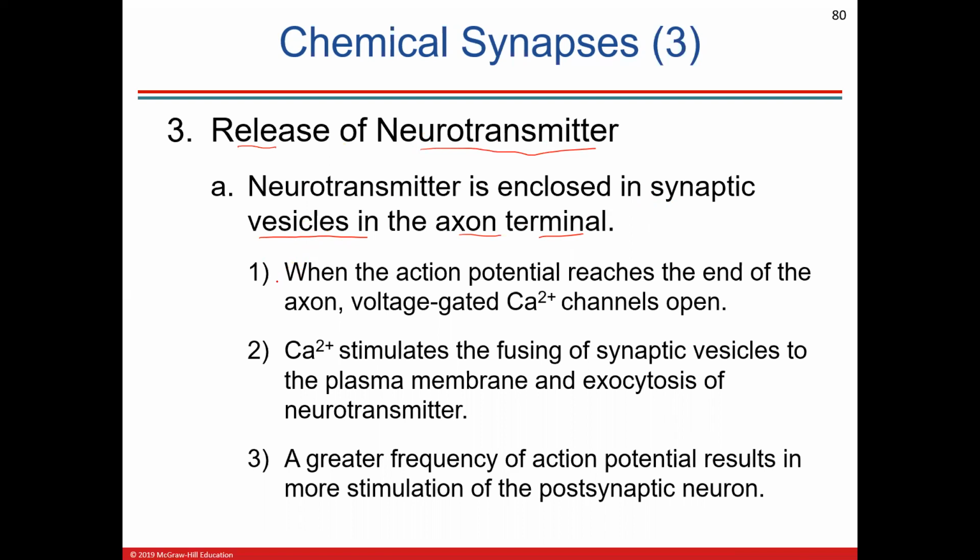So number one, when that action potential reaches the axon terminal, voltage-gated calcium channels open. That's a key. This is why calcium is so important in nerve conduction. So calcium enters the cell, enters the axon terminal, and there's a chemical reaction as the calcium binds or fuses with the vesicles that contain the neurotransmitter.